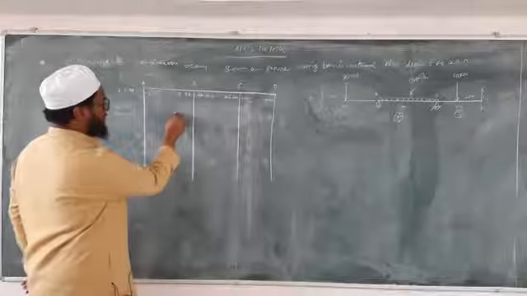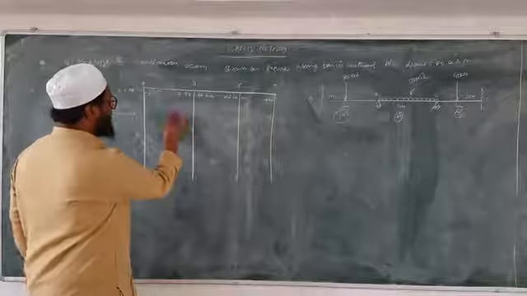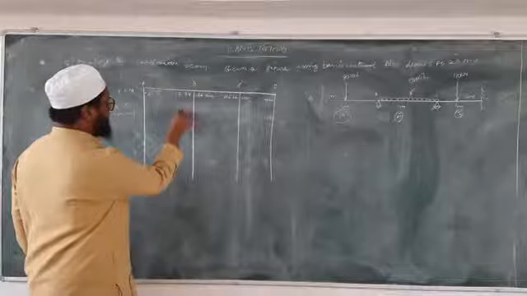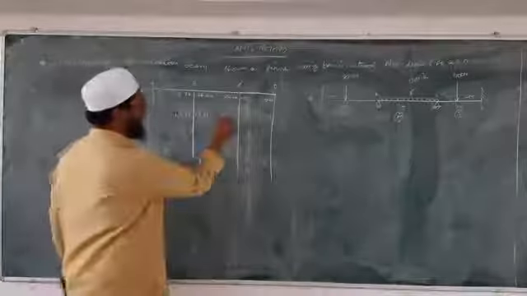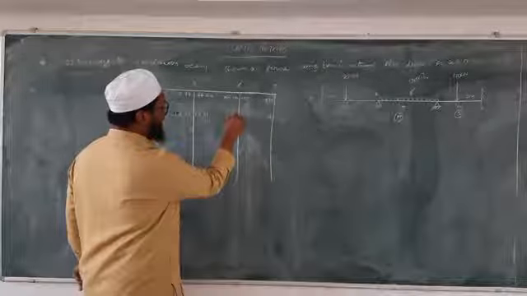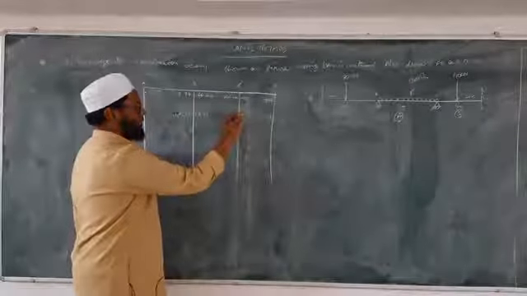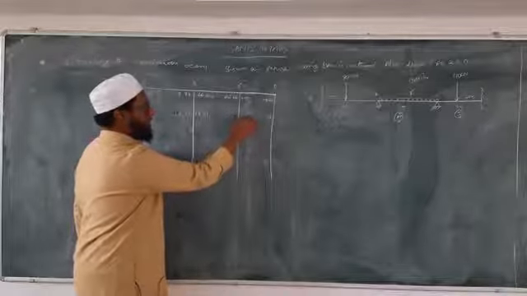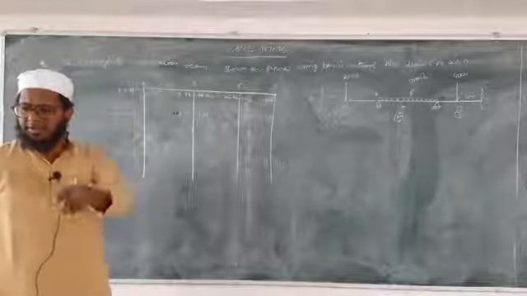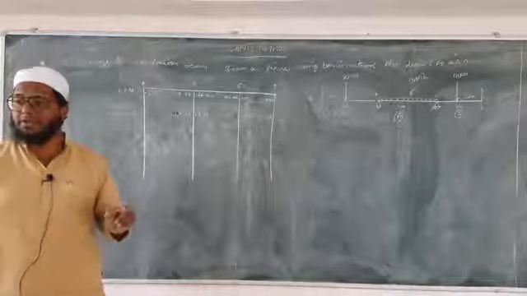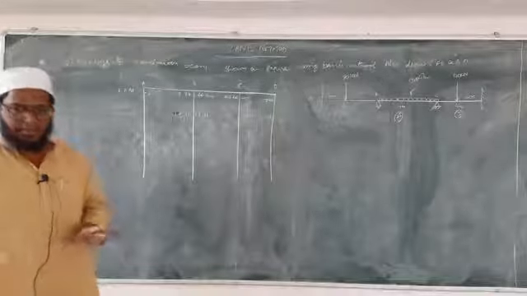Minus, the last values. 17.51, minus 21.17, minus 10.65. Whatever the final values we got there, those were the rotation contribution at near end. What are those values? Rotation contribution at near end.